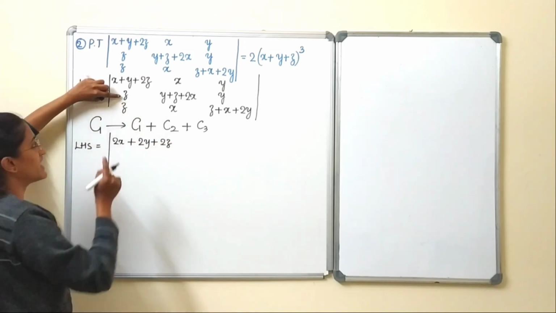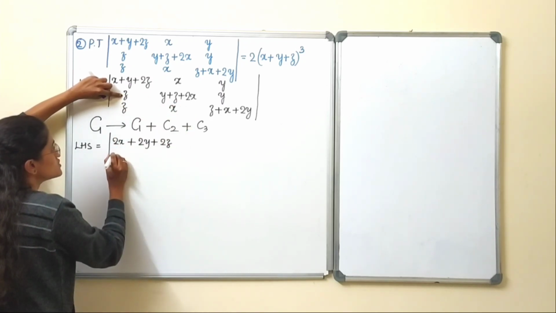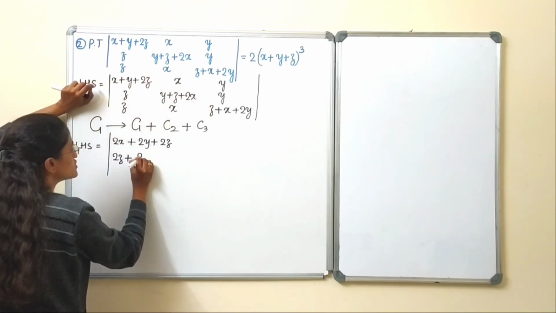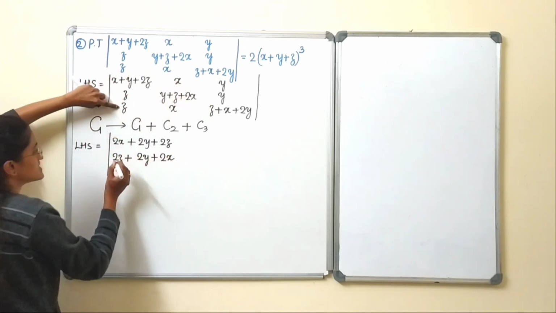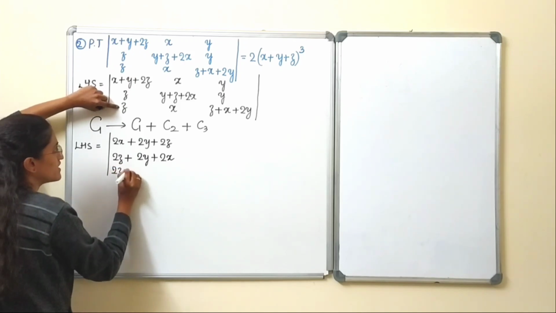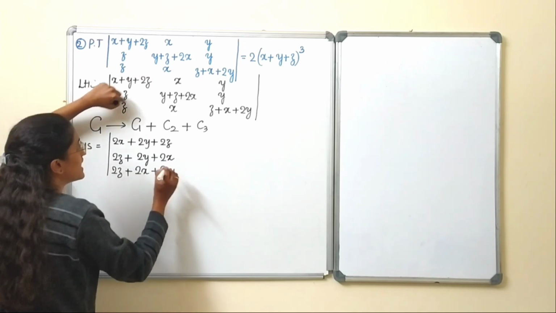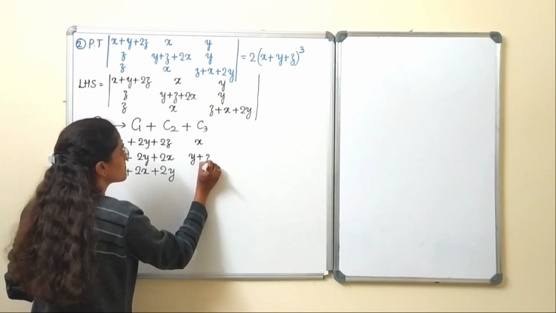In the similar way, for this element, z plus z, 2z plus y plus y, 2y plus 2x. For this element, again in the same way, we get 2z, 2x, 2y, and these two columns remain as they are.